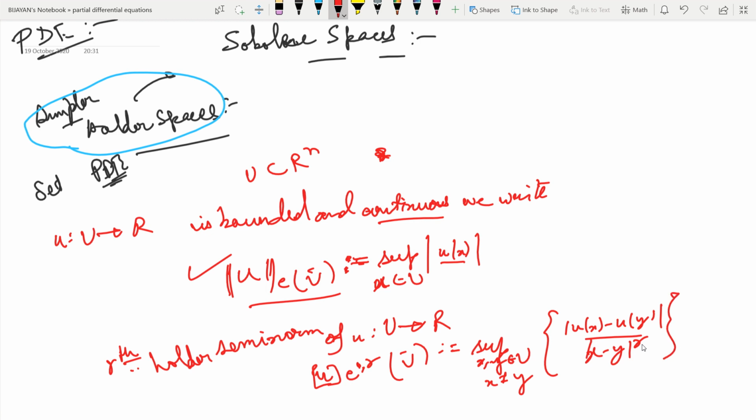This is where gamma is used. This is the Hölder seminorm, and next the gamma Hölder norm.